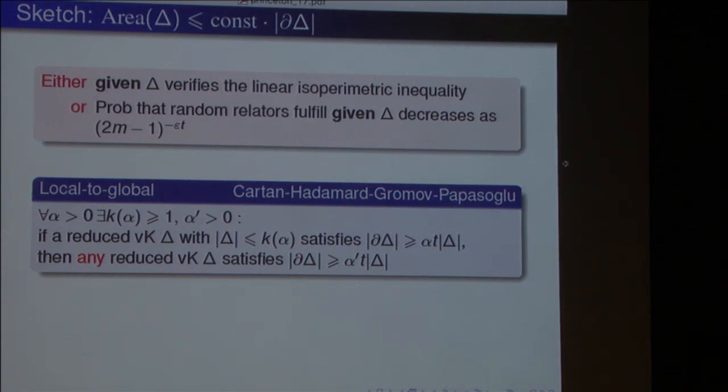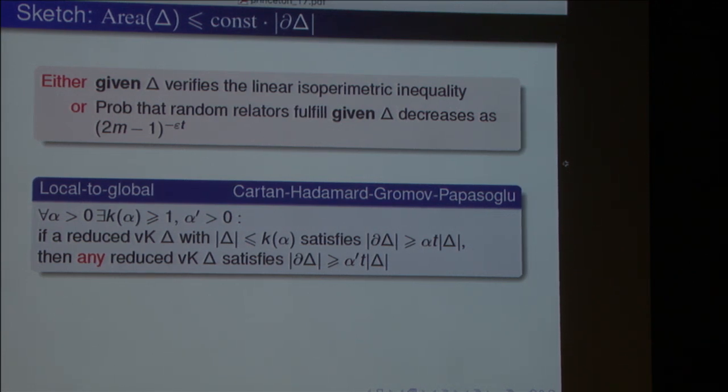We will do it, but first let us see this very deep result, a really major result in the theory of hyperbolic groups. It's a local to global principle. But first, before reading this result, I'd like to say why.